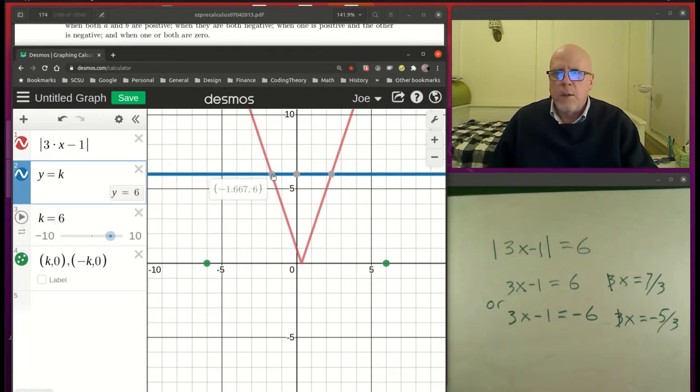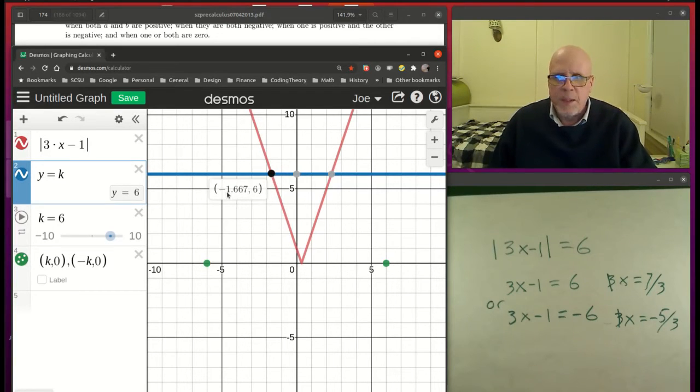So there's one solution, and there's the other. You can see them because when I mouse over them, it names the point. That doesn't sound like what I said. What did I say? Negative 5/3. Well, if you plug that into a calculator, minus 5/3 is indeed this, although it's been rounded.